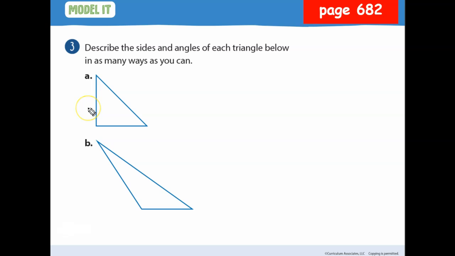So this shape does have a right angle, and this side is the same length as this side. That's it.